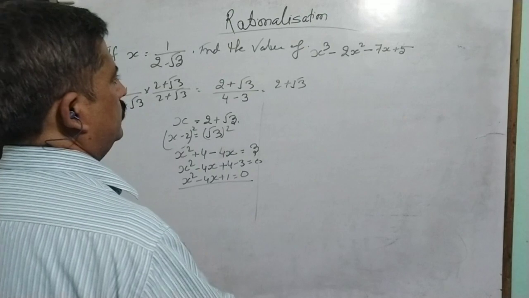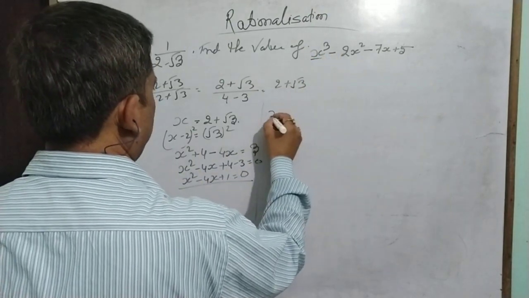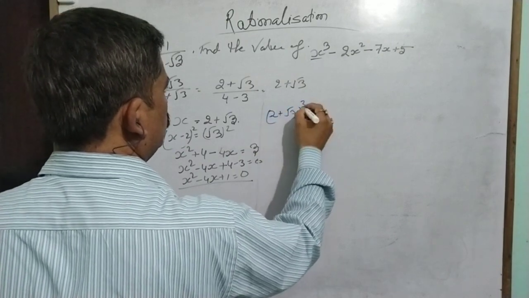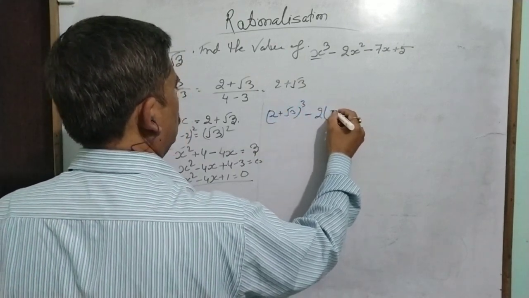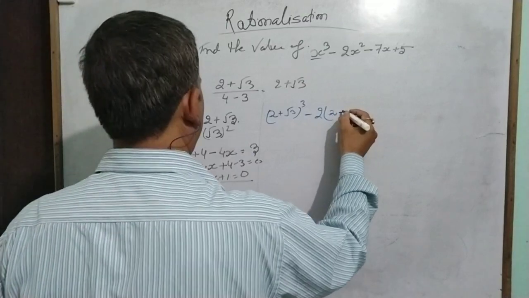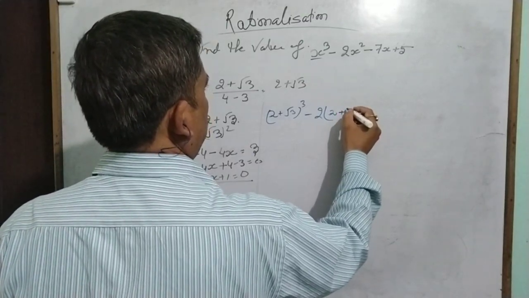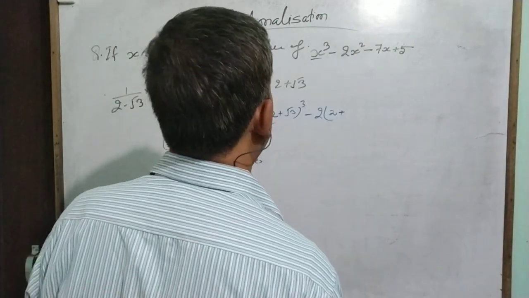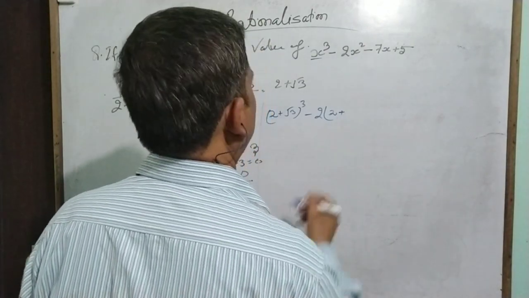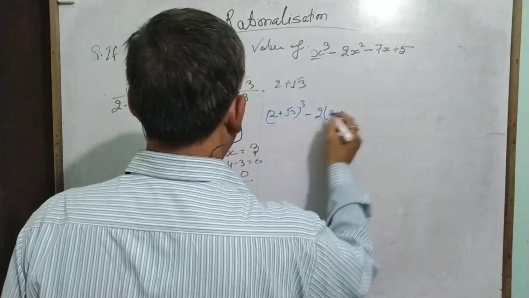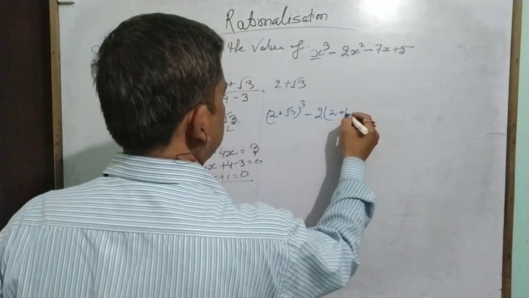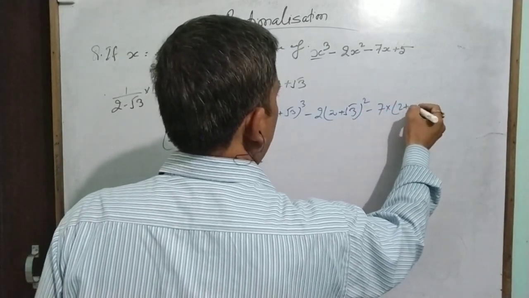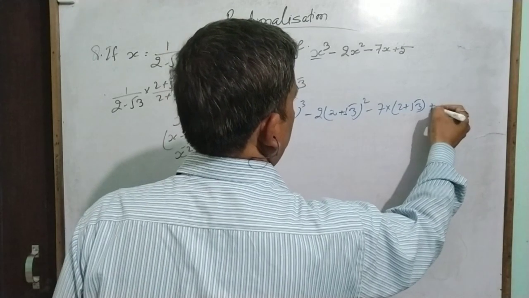Either we use x cube, meaning (2 plus √3) whole cube, or we just put the value of x: (2 plus √3) whole square minus 7 into (2 plus √3) plus 5.